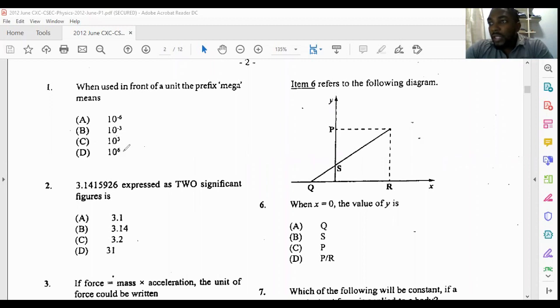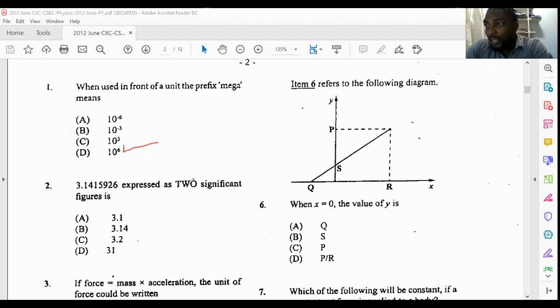So in this case, our answer there should be D. Option A says 10 to the negative 6, that is actually micro. 10 to the negative 3 is milli. And 10 to the positive 3 is kilo, right? When you talk about mega million, the keyword mega, you could think mega million, 10 to the 6th power is a million.